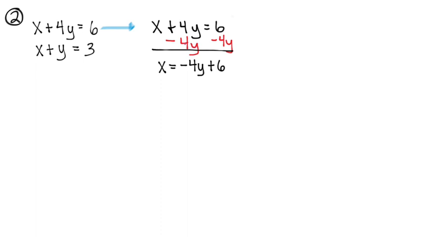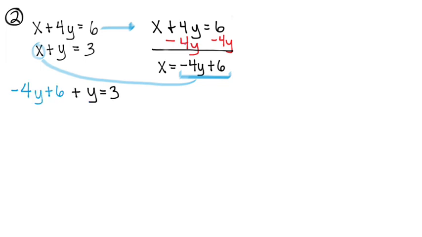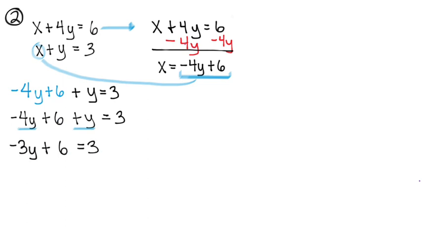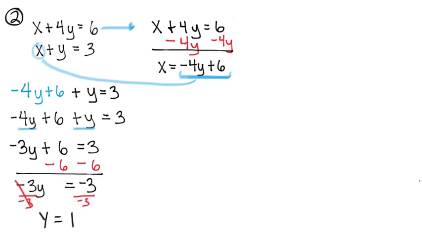Now that I know that x value, I can plug it into the other equation, getting negative 4y plus 6 plus y equals 3. One variable, now I can solve for it, combining my like terms first, then isolating my y using my inverse operations. And I get y is 1.